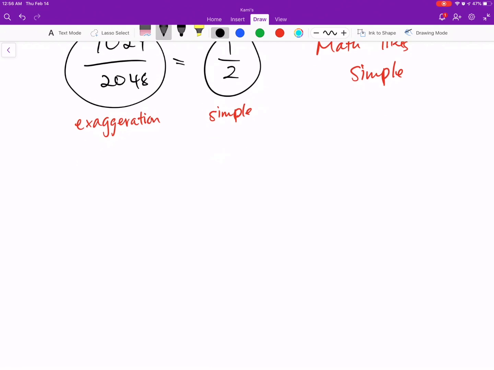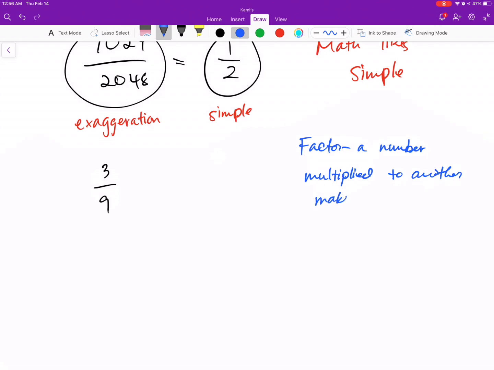Alright, so what we do, let's say we had 3 over 9. So now, do 3 and 9 have any factor? So that's going to be a keyword, factor. So a number multiplied to another makes the original number.